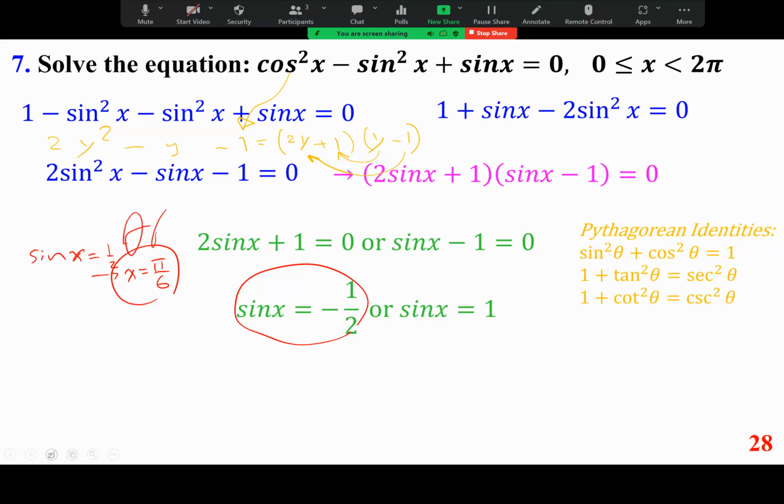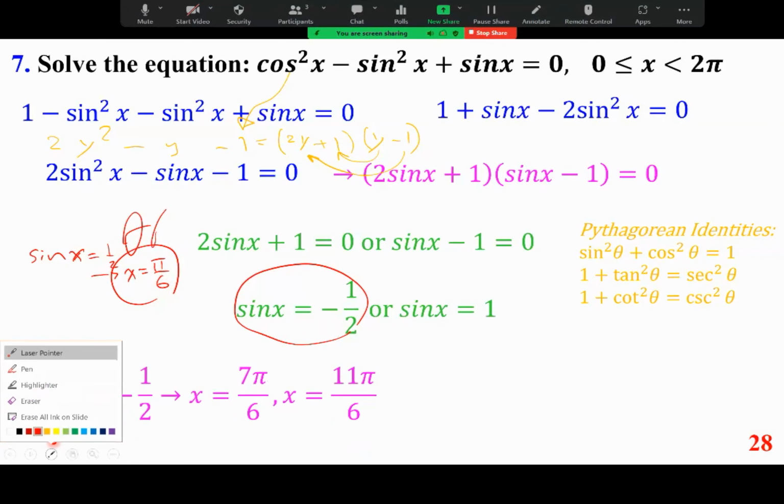Because it's negative, sine is negative in the third quadrant and in the fourth quadrant. In the third quadrant, you add pi over 6 to pi, you get 7 pi over 6. In the fourth quadrant, subtract from 2 pi, you get 11 pi over 6.